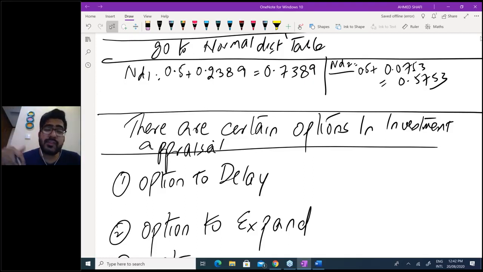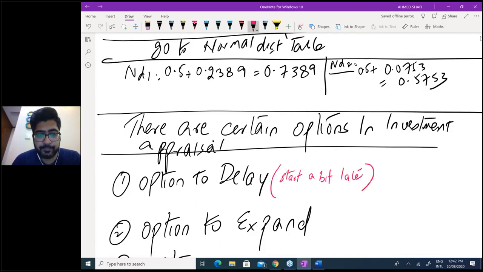No. It's just giving you an option that you can delay it. Option to delay means start the project a bit late. We always have that option in investment appraisal. Whenever you plan to start a project next year, you always have the option that you can delay it, start after 2 years, after 1.5 years.